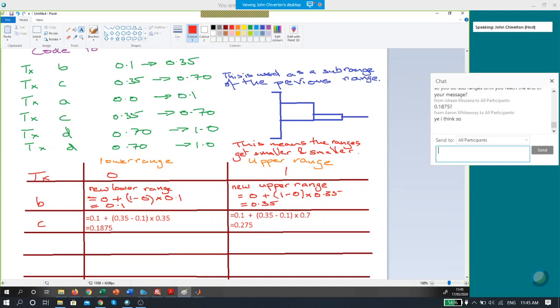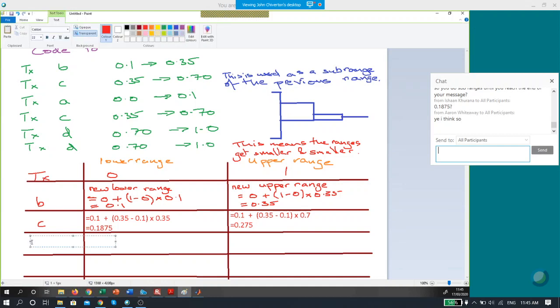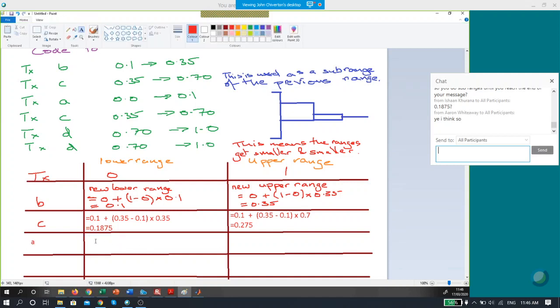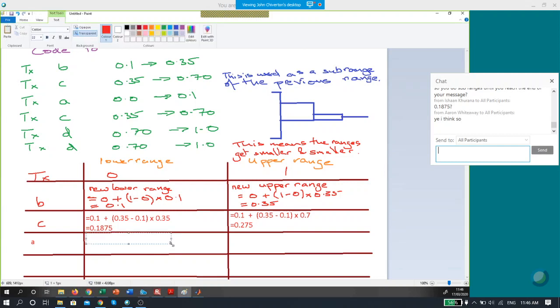Okay, right. So A's next, isn't it? Right, A here. And then over here, we've got a similar calculation to be made. Right, so now this is where it gets a little bit tricky.